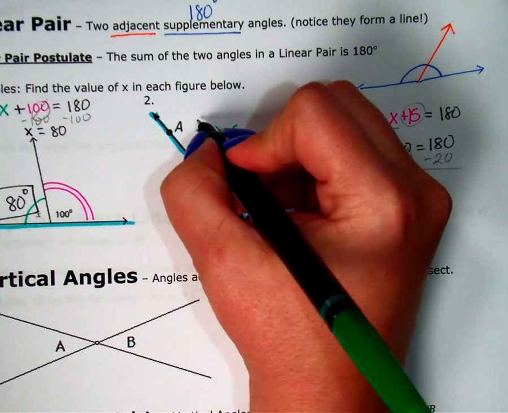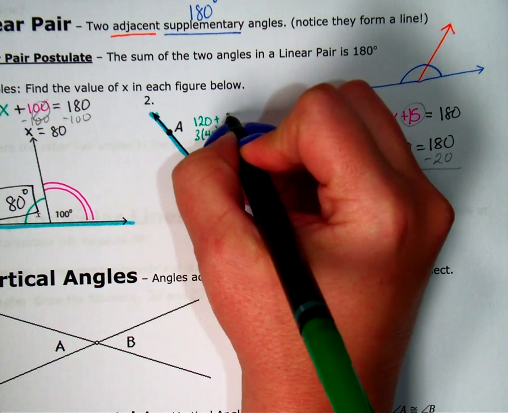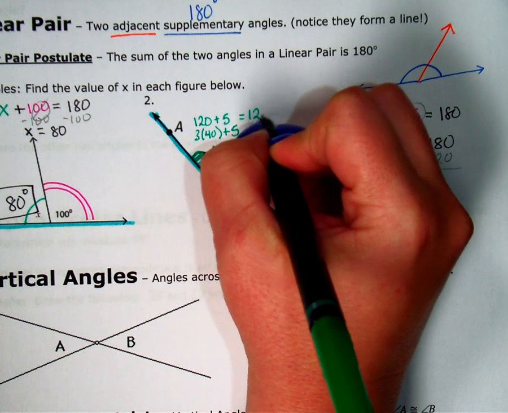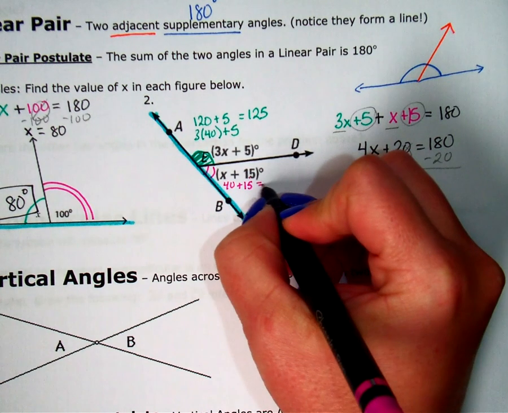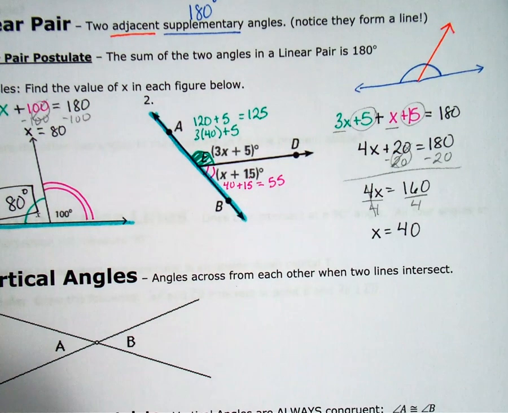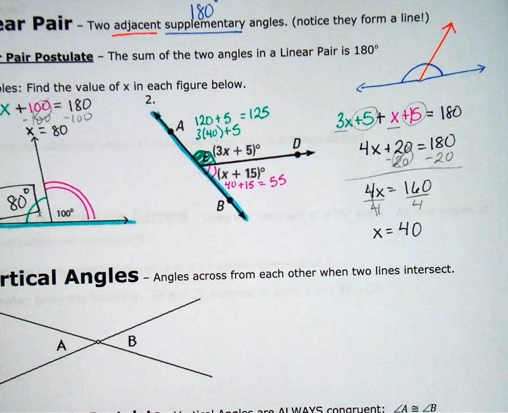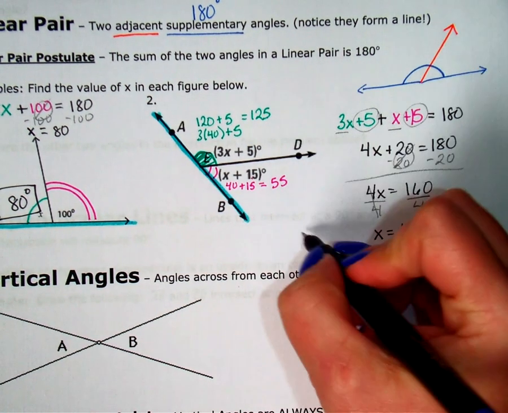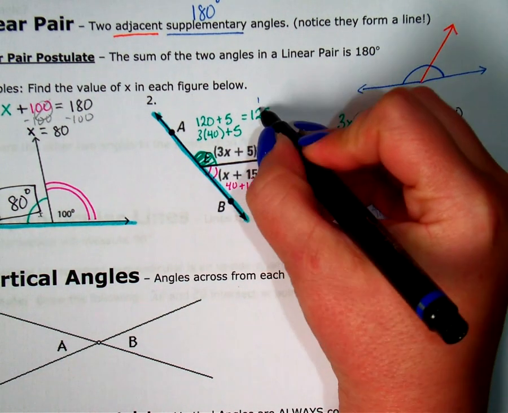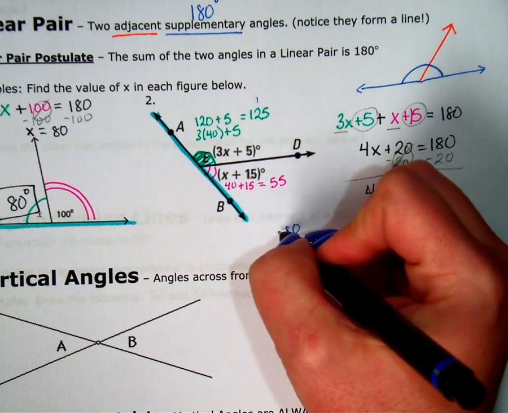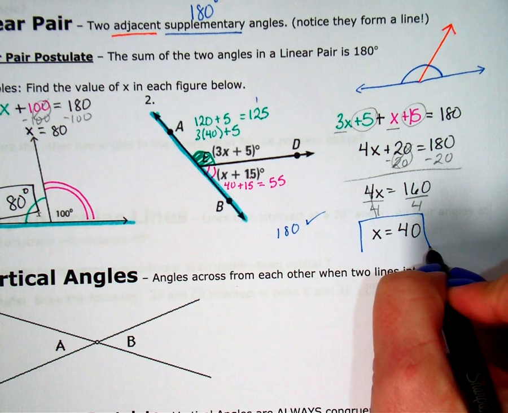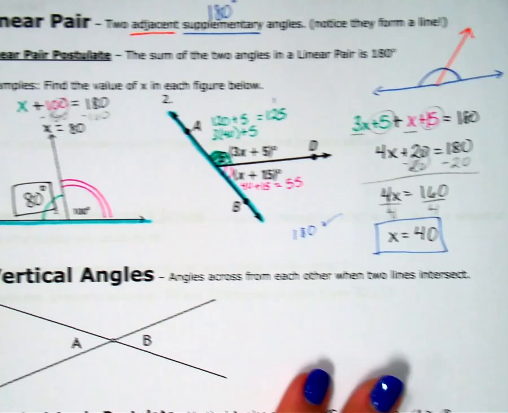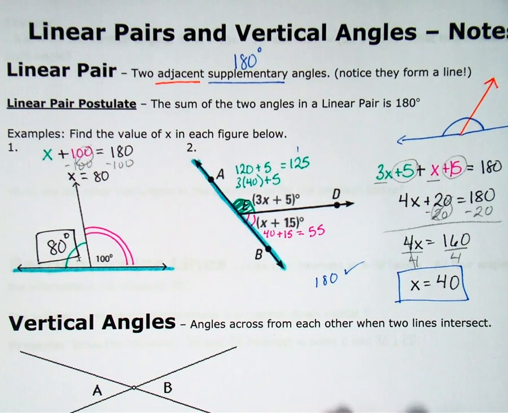So 3 times 40 is 120, plus 5 is 125, and 40 plus 15 is 55. If I add those two together, 5 and 5 is 10, carry the 1, 5, 6, 7, 8, and then 1, 180. So it does work, so I am going to put a box around that. X does equal 40. Okay, so that's your linear pair.